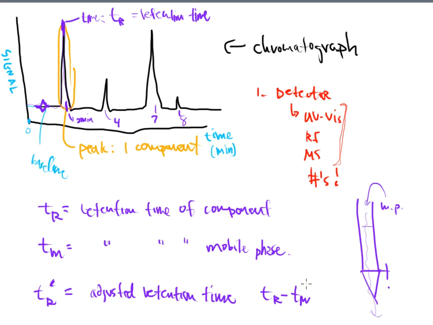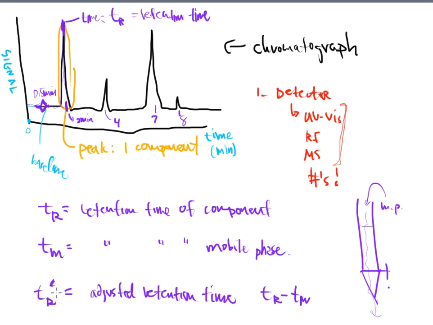Okay? So for instance, up here in the example, I said that this component might have a 2-minute retention time. Well, let's say that my mobile phase disturbance happened at a half of a minute. To calculate the adjusted retention time, well, how long did the component actually stay in the column?